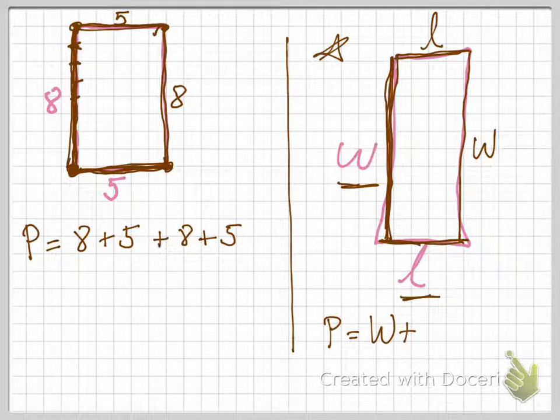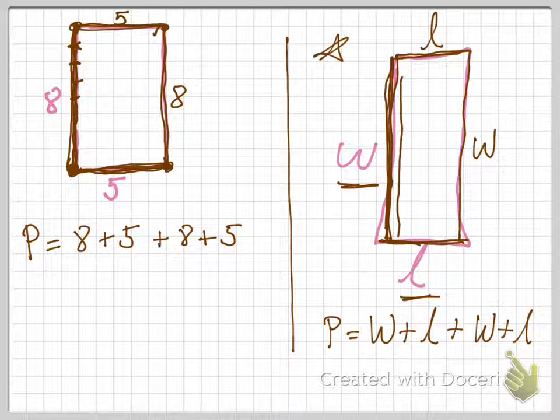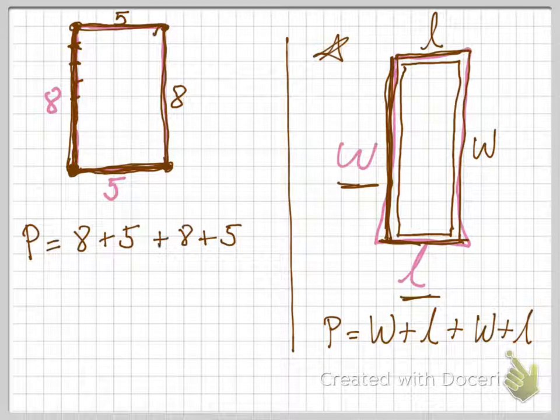So this would be width plus length plus width plus length. So basically we walked up the W, we walked across the L, we walked down the W, and then we walked across back to the L.